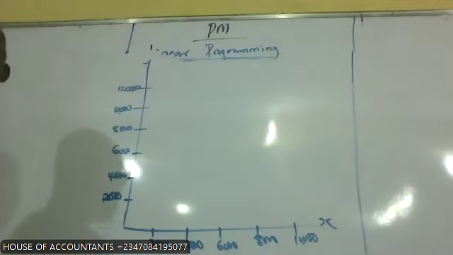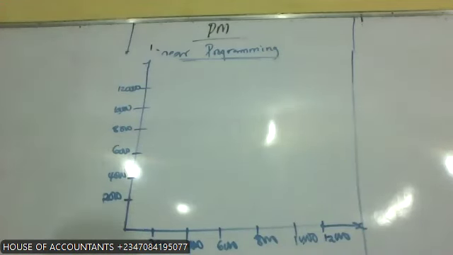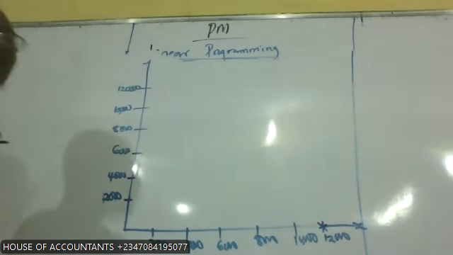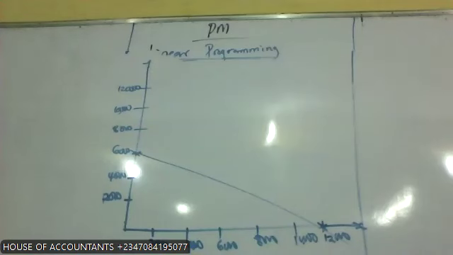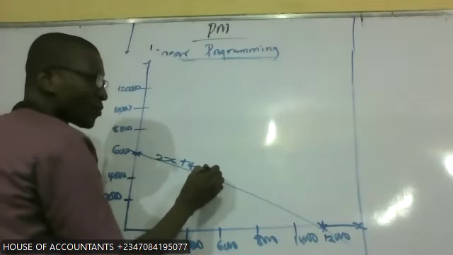When X is 12,000, Y is 6,000. The equation is 2x plus 4y equals 24,000.